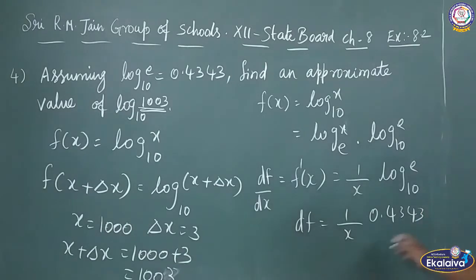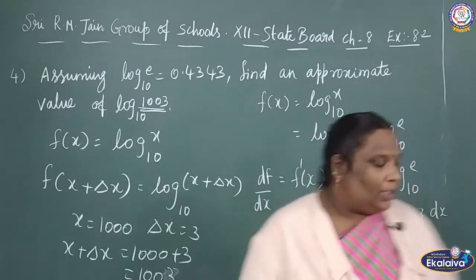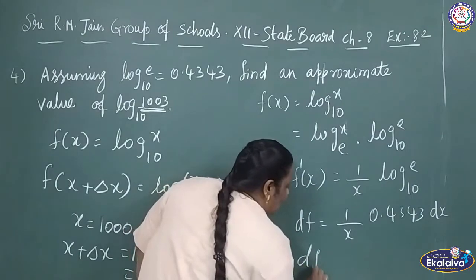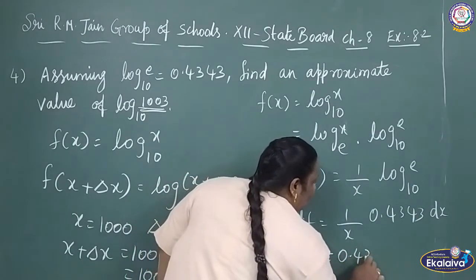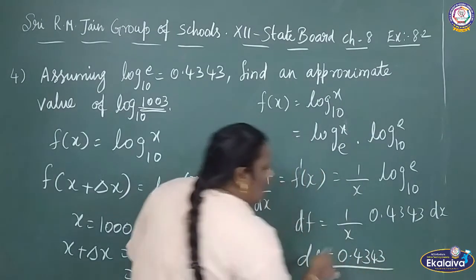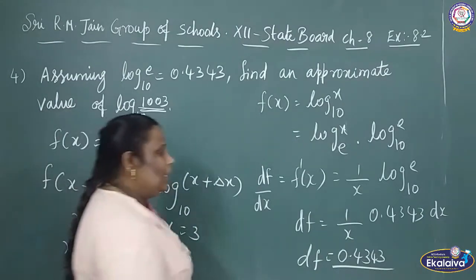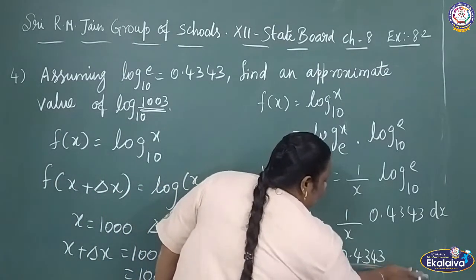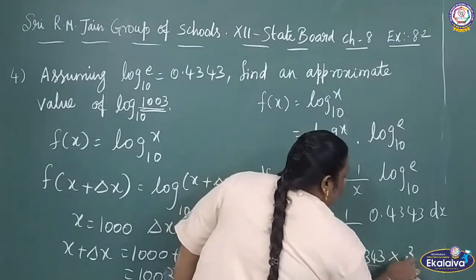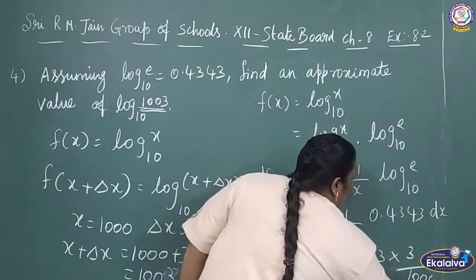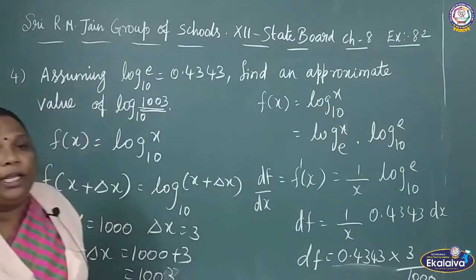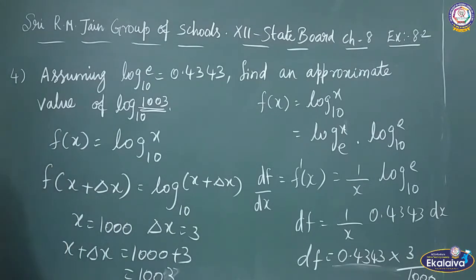That is 0.4343 into dx, you can bring it to this side. Okay, you can substitute all the values here. For df equal to 0.4343 by x value, into dx, that is 3 by 1000.